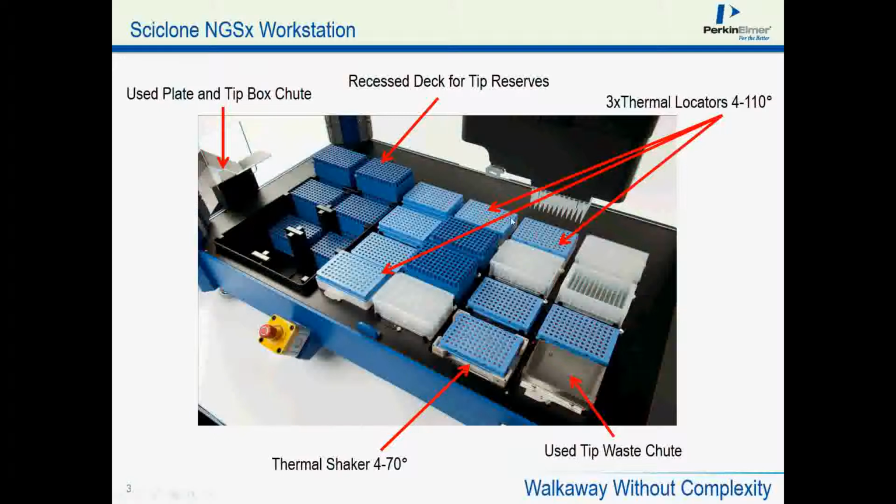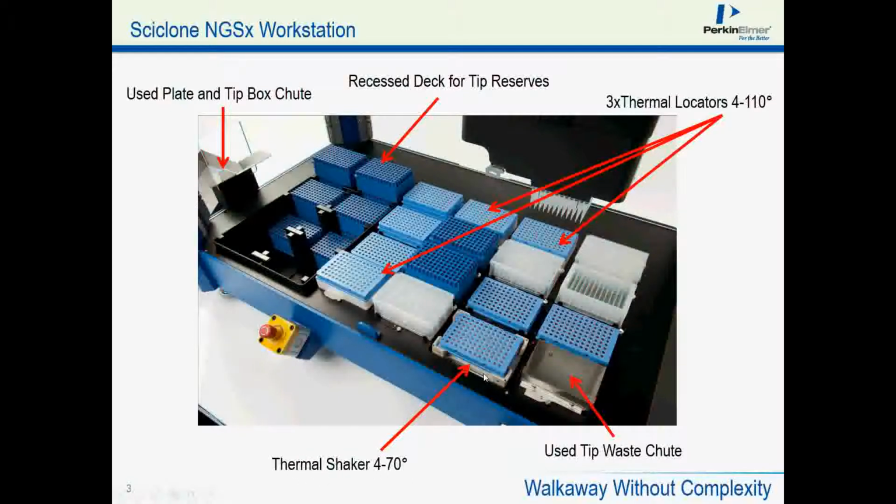Over here, you may notice there's something that says 3 times thermal locators, 4 to 110. On each one of these Sciclone NGS systems, we have three thermal locators that can cool or heat from 4 to 110 degrees centigrade. Also, on this bottom right corner, you'll notice it says thermal shaker 4 to 70.